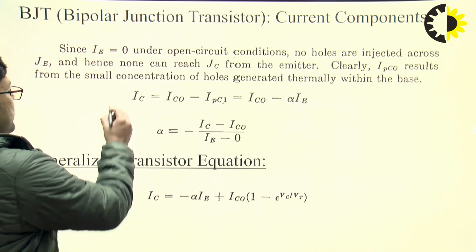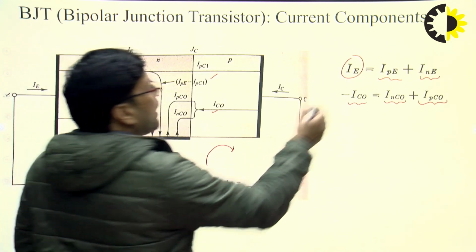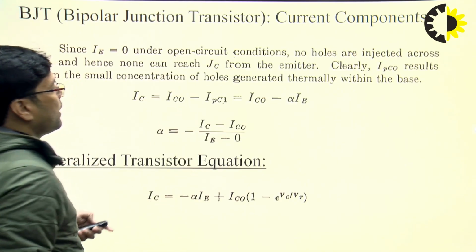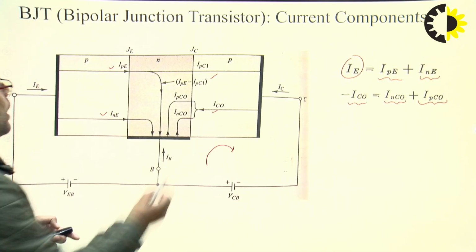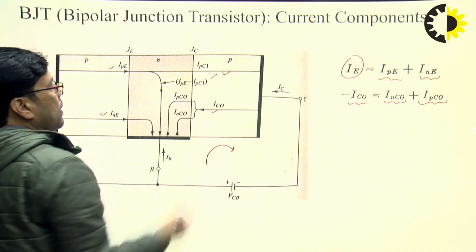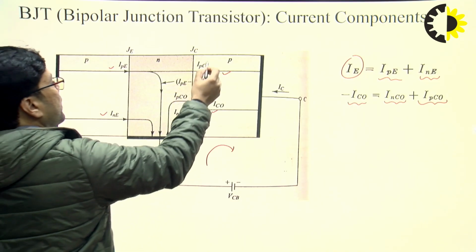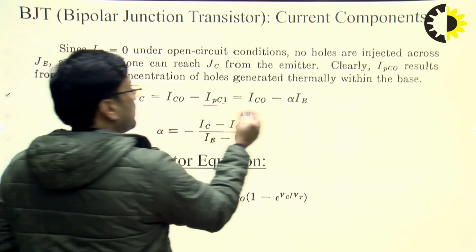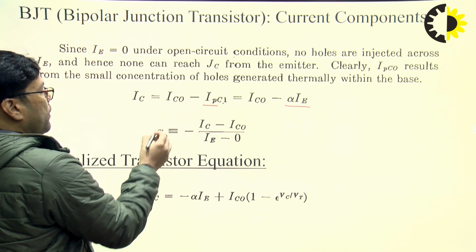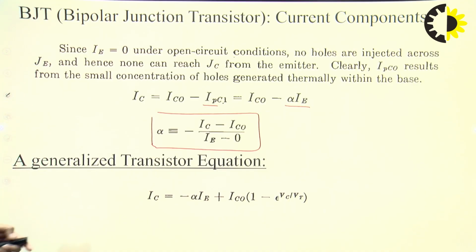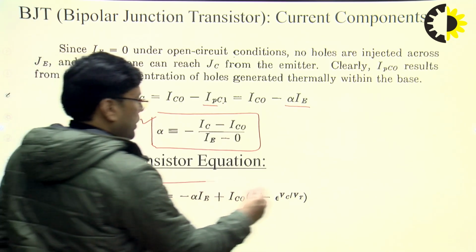So clearly, from this equation, IC is equal to IC0 minus IPC1. If I find the relation between IPC1 and IE, there is a current gain, that is alpha. So IPC1 is represented by alpha IE, and from this equation we have alpha equal to minus IC upon IE. This is the current gain represented by alpha, and this is a generalized equation of collector current as well.